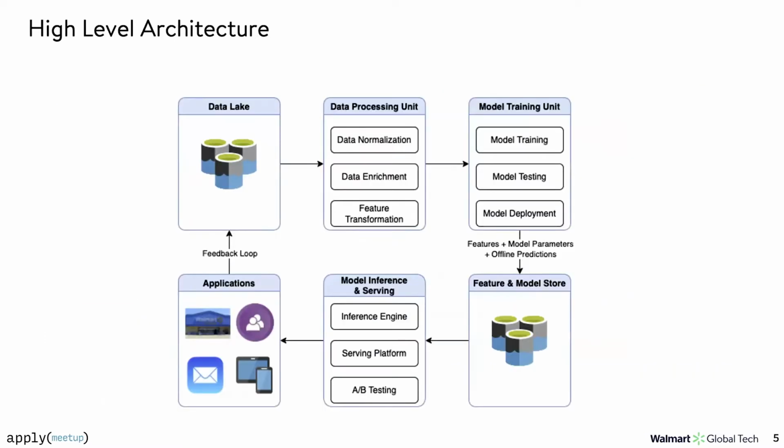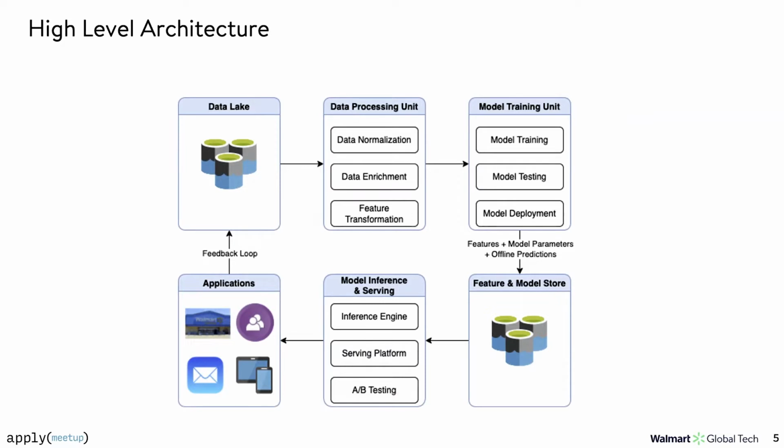Praveen, next slide, please. So this picture represents the high-level architecture of, we can say, probably any ML system. So we have a data lake. With that data lake, we have multiple different kinds of data processing units attached. So there are batch processing, stream processing, on-demand processing kind of data processing units. They typically do feature engineering and basically data transformation. Eventually, all the data is used for model training and testing.